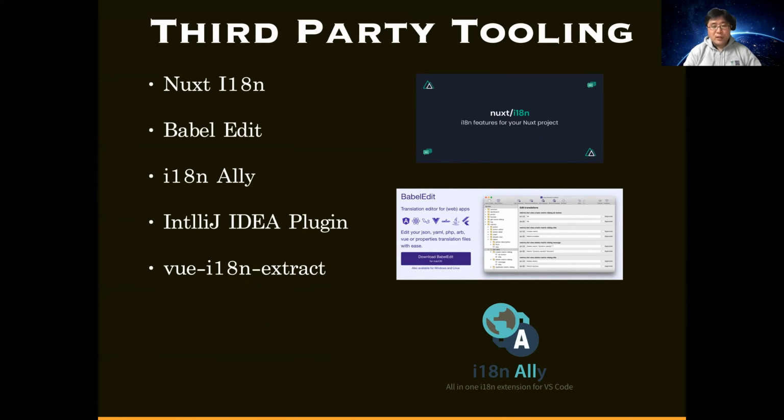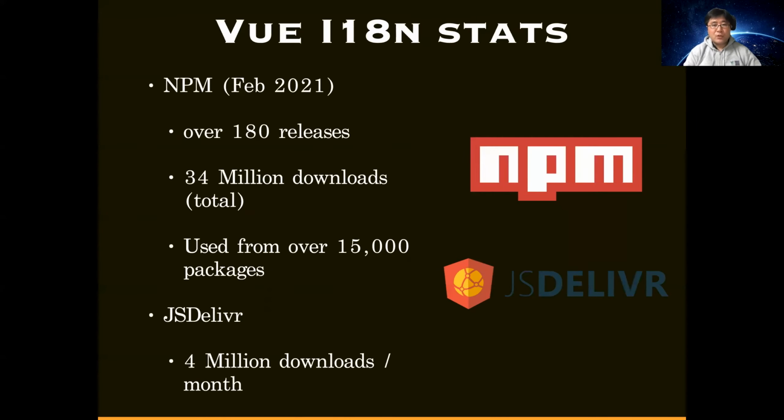That's my brief introduction to Vue I18n. Next, let's talk quickly about Vue I18n stats. About NPM, in February 2021, Vue I18n has had over 180 releases. Also, since the release of Vue I18n, it has been loaded about 34 million times and is used in over 30,000 packages.